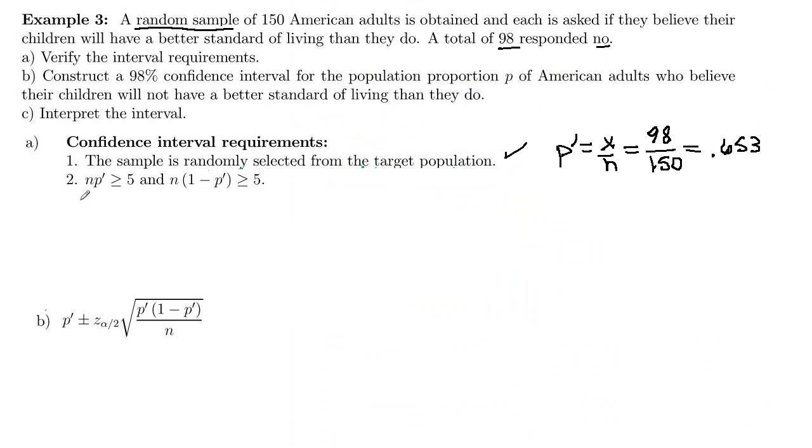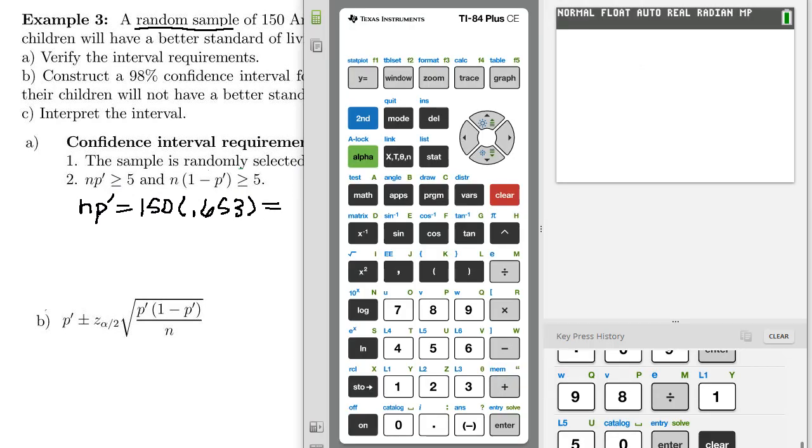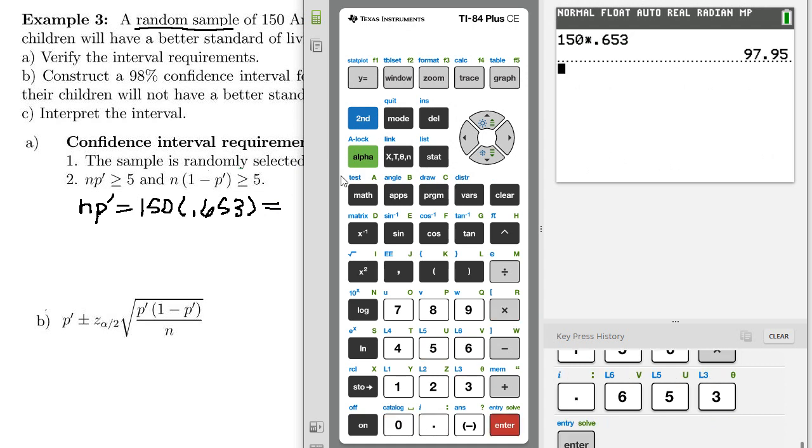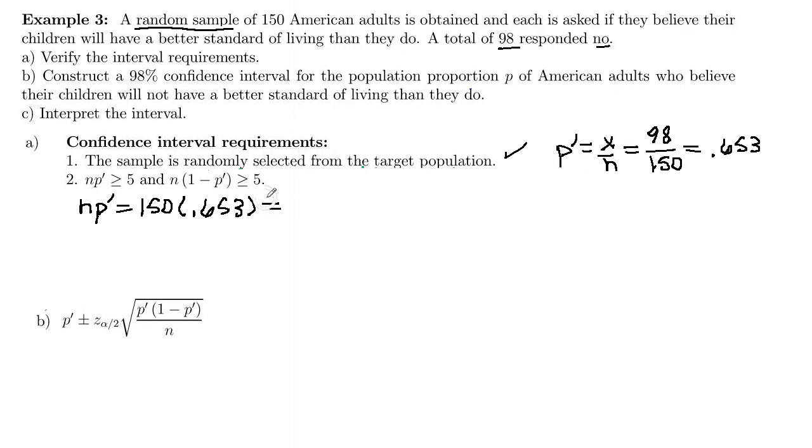And so then our np prime is going to be 150 times that 0.653. 150 times 0.653 is 97.95, approximately 98, which is certainly greater than or equal to 5. And then we want n times 1 minus p prime.